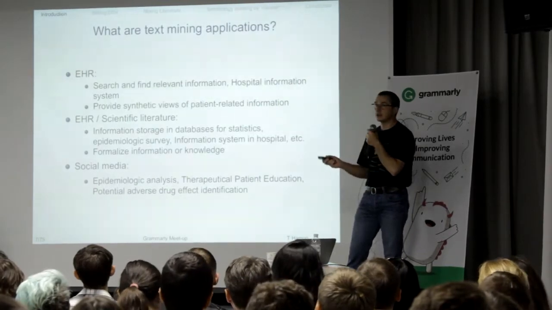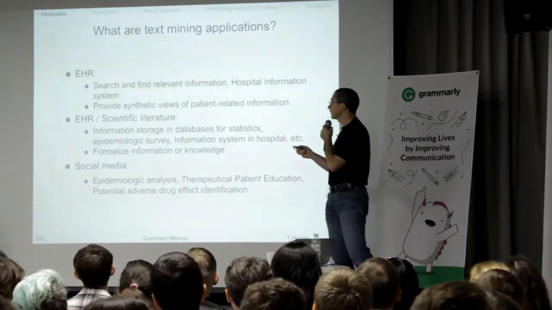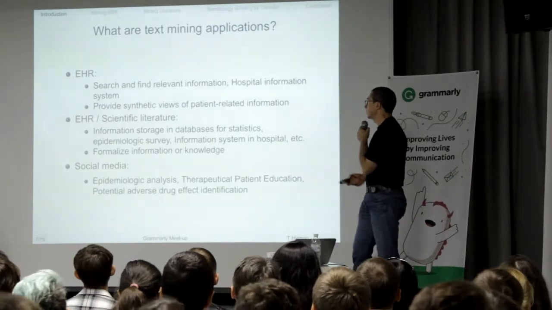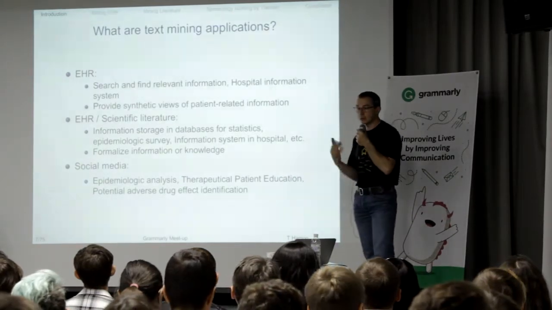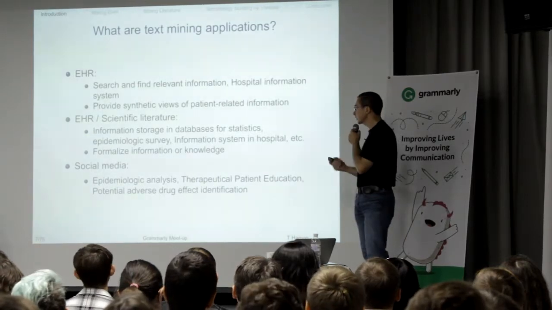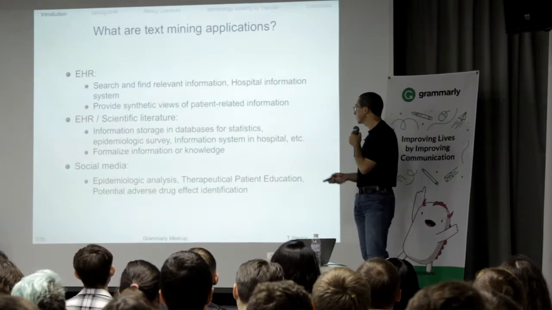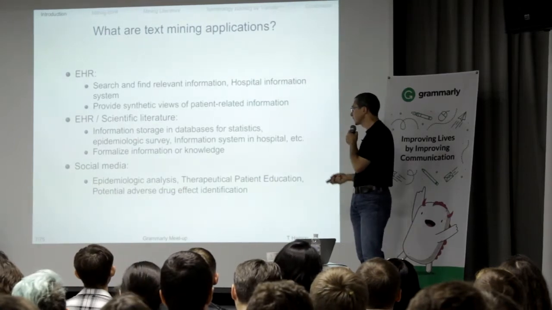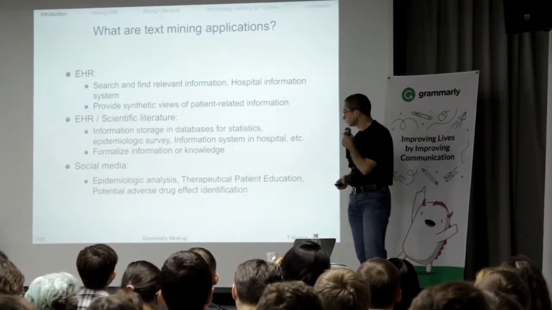Also, you can mix this information with information coming from scientific literature, to store the information in databases for different kinds of statistics, for epidemiology, and also for information systems in hospitals.